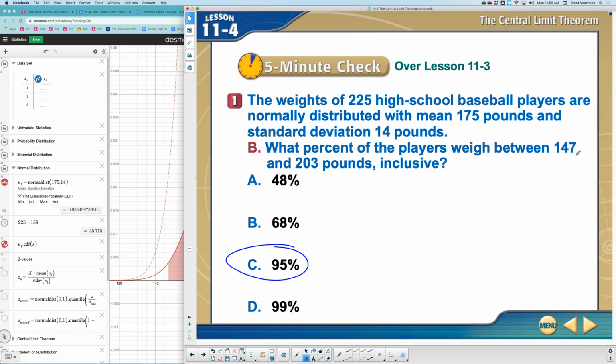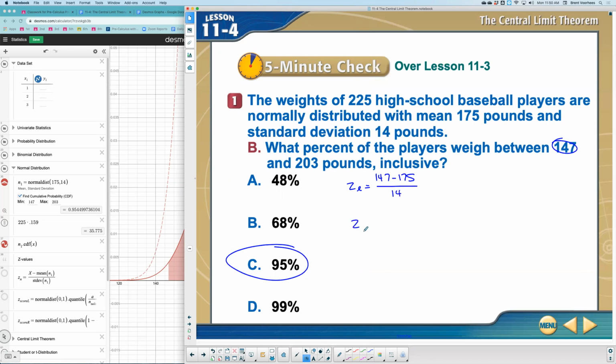Okay, again, if you wanted to use the Z numbers, what you would do is your Z for your left bound, let's call it ZL for left, would equal the 147 minus the 175 divided by 14.